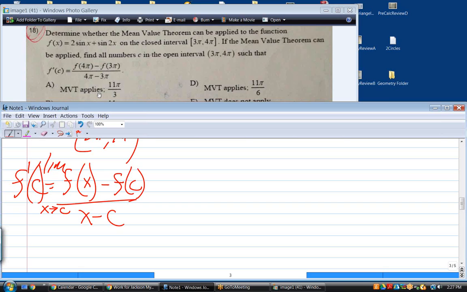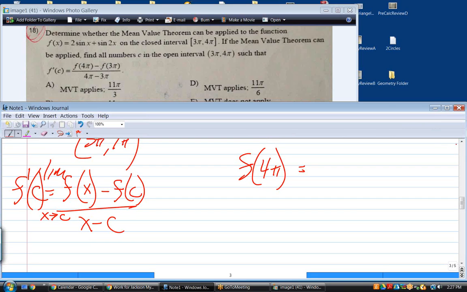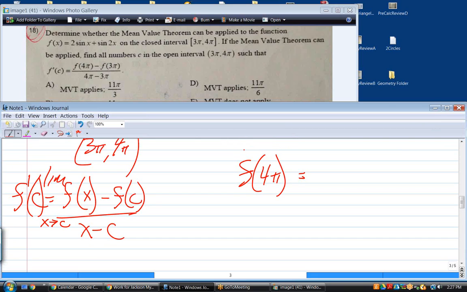Well, let's evaluate that. What is f of 4 pi? Yeah, I don't remember any of the trig stuff, so. Well, this is more of an algebra problem. If f of x equals 2 sine x plus sine of 2x, then f of 4 pi, I'm going to plug in 4 pi for x, right?